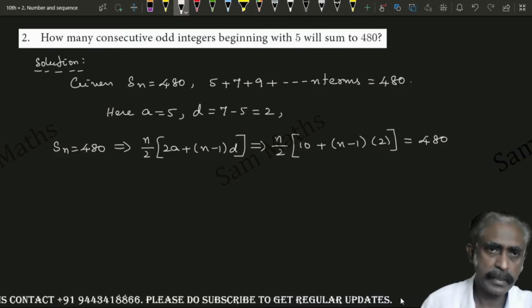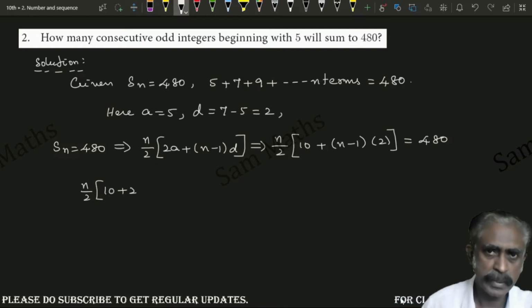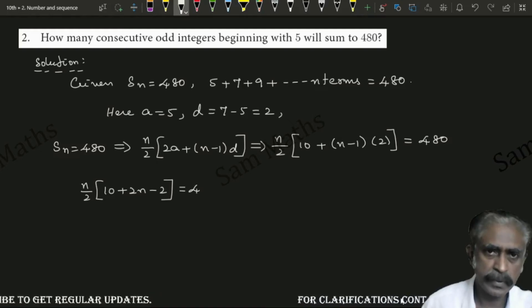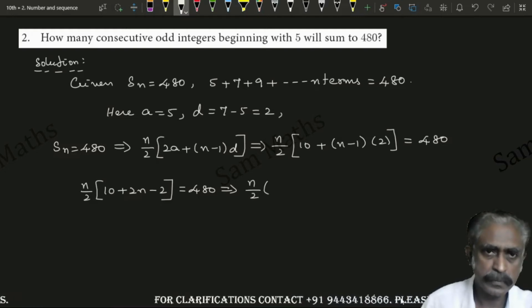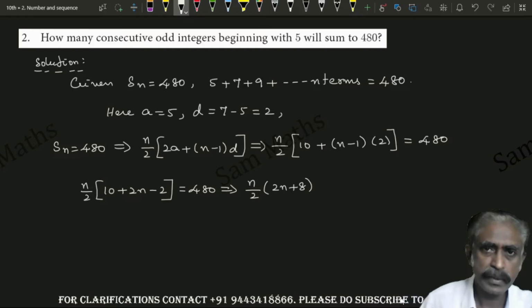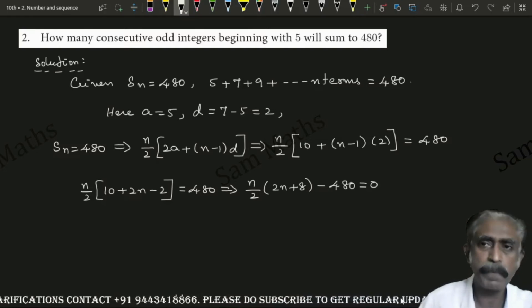Now n by 2 into (10 plus 2n minus 2) equal to 480, which implies n by 2 into (2n plus 8) minus 480 equal to 0.